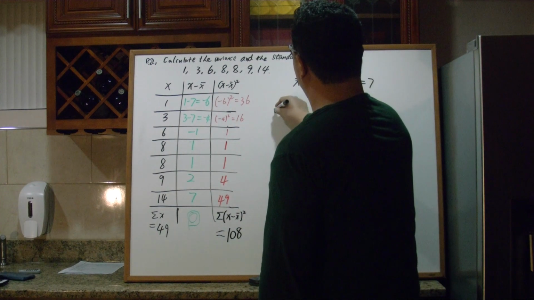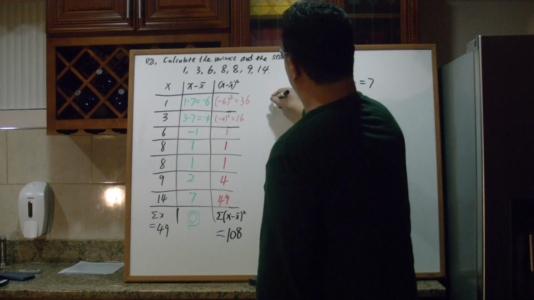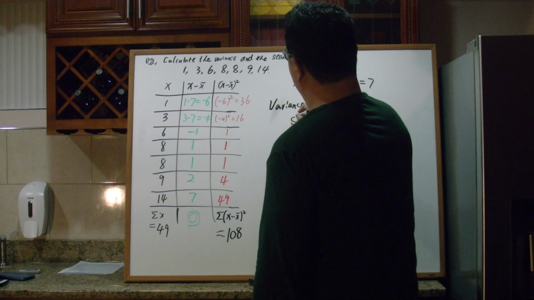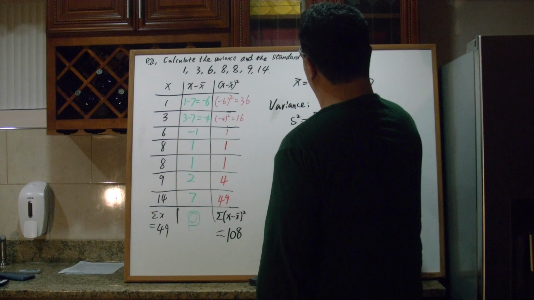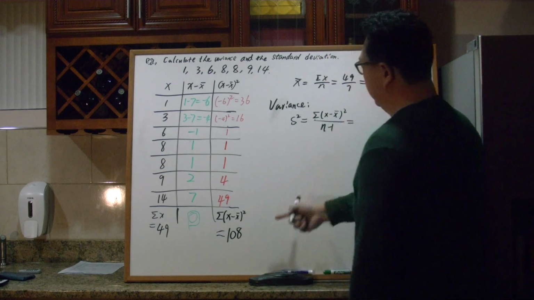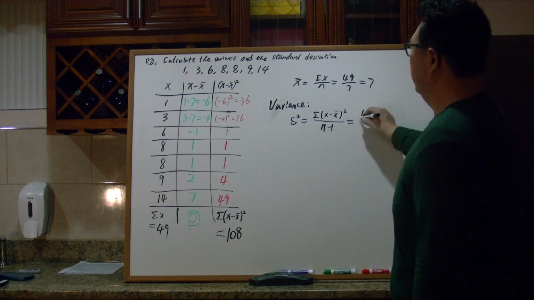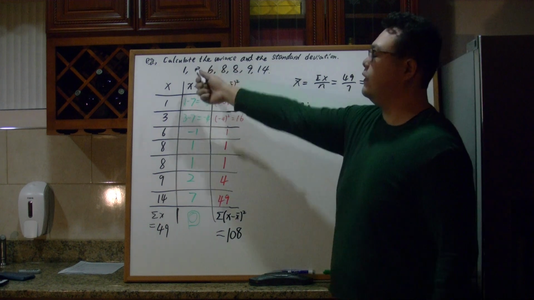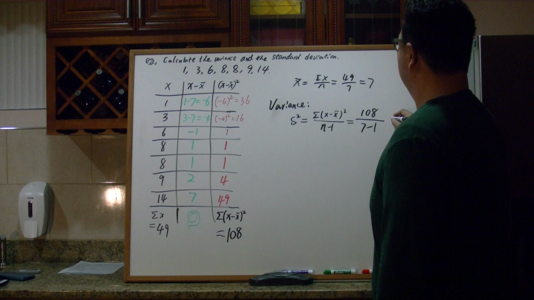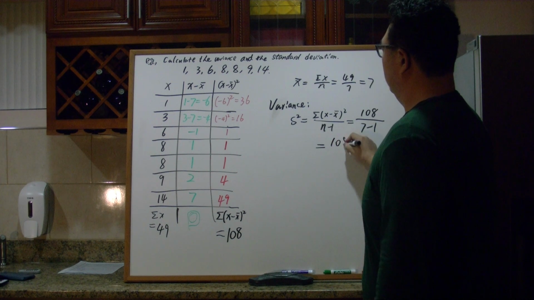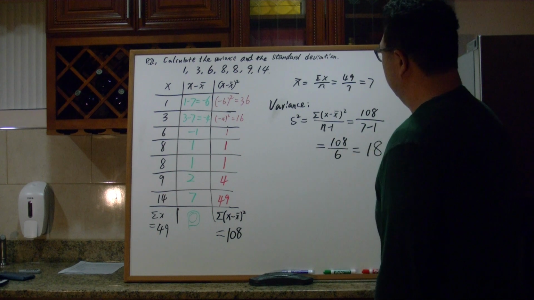Right, and then the variance. To find the variance, the variance will be the sum of (x minus x bar) squared over n minus 1. We get the sum is 108, divided by our sample count of 7 data minus 1, which is 6, which is 18.